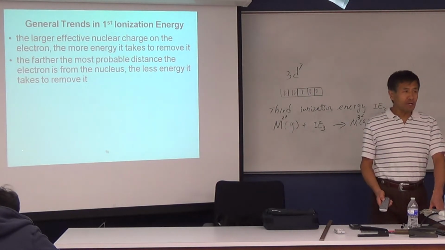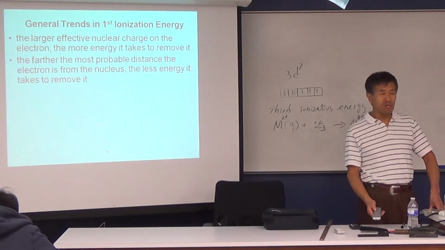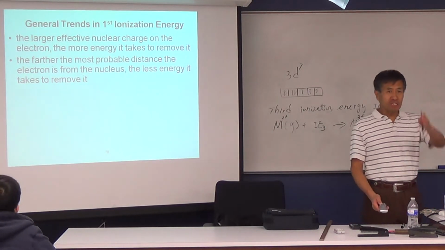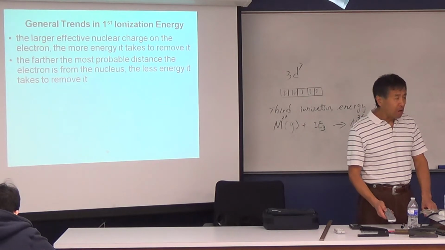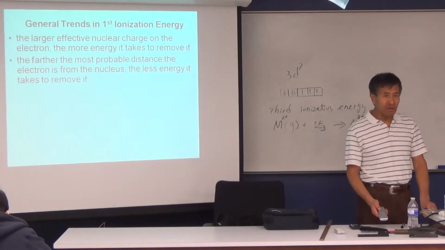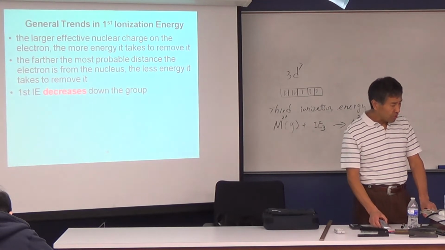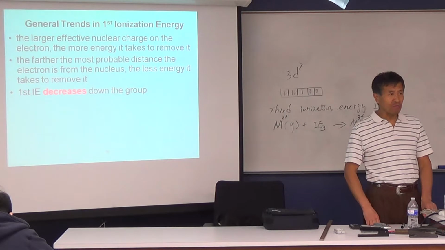Right. This second paragraph compares the IE1 for those elements in the same column. In the same column, you compare whether the electron is far away or closer to the nucleus. When you go from top to bottom, the electron gets farther and farther away from the nucleus.